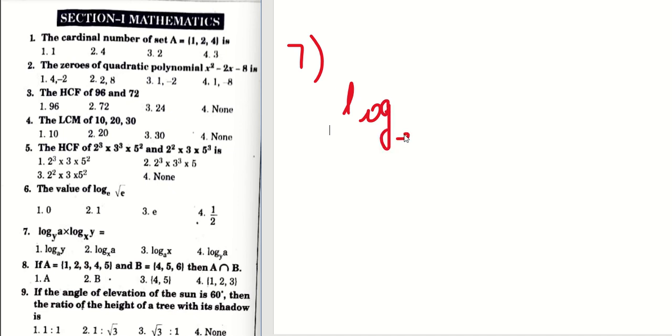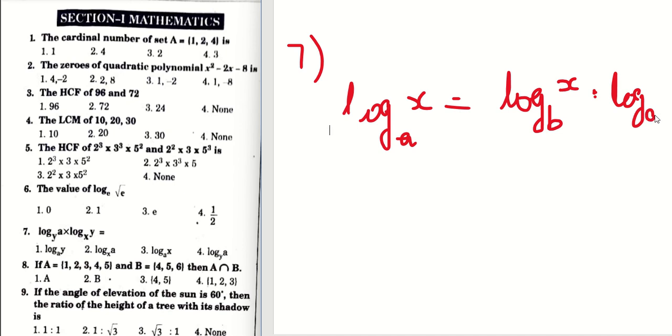Log a to the base x will give you log x to the base b into log a to the base b. If it is in this format, you can see it very clearly.